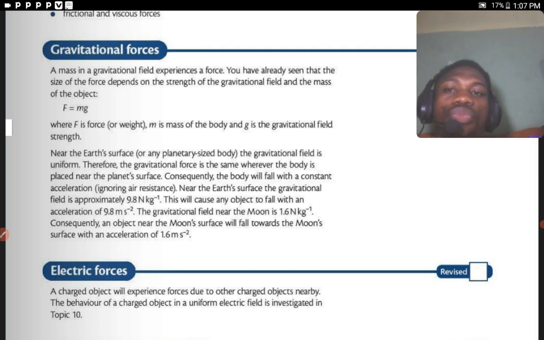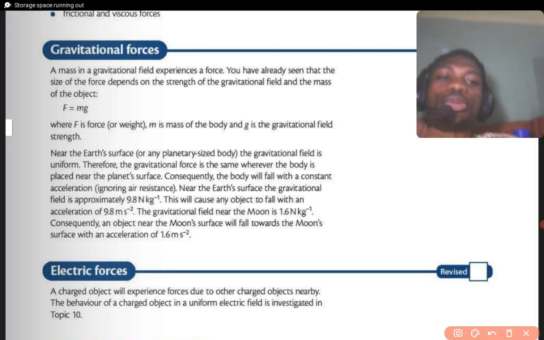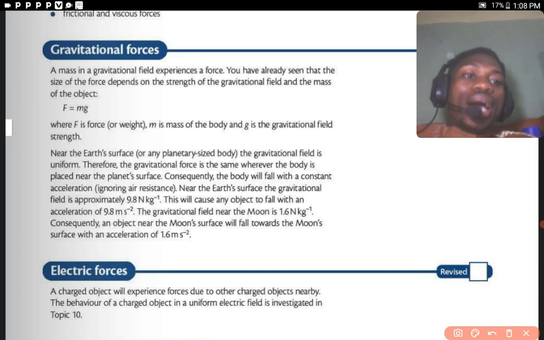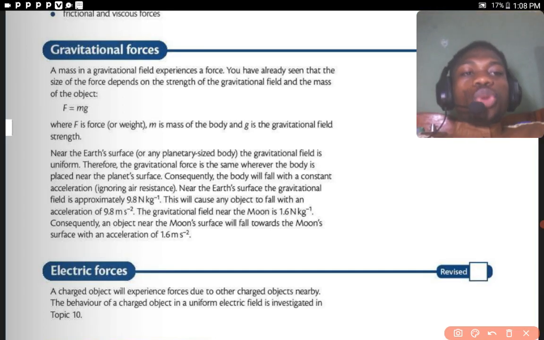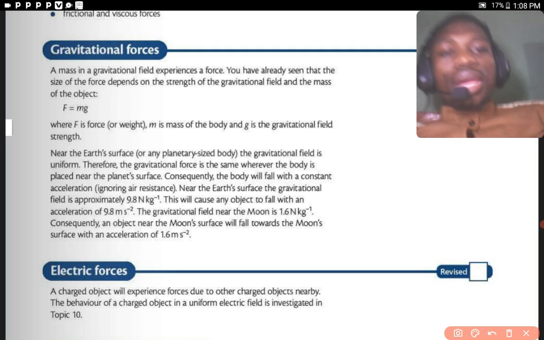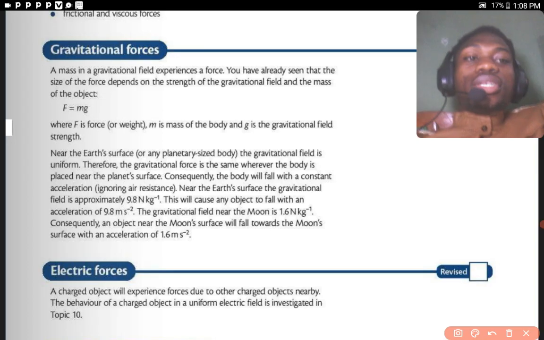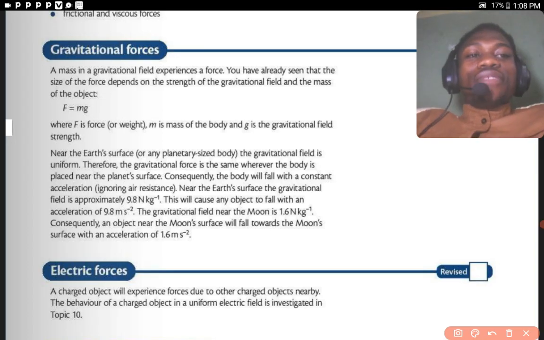Now we'll look at some of them in a bit more detail. We want to start with gravitational force. The gravitational force is a force that a body experiences due to its mass. By virtue of its mass, a body is subjected to a certain force known as the gravitational force.